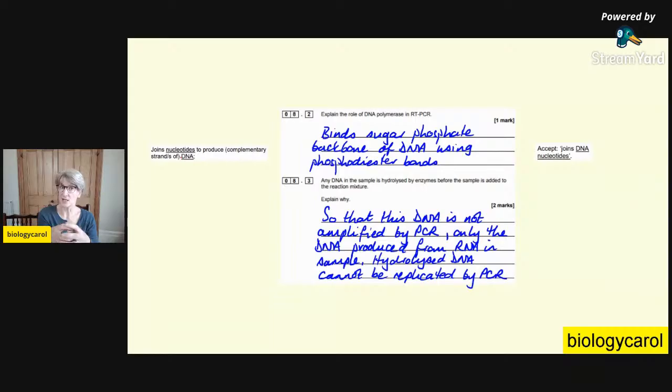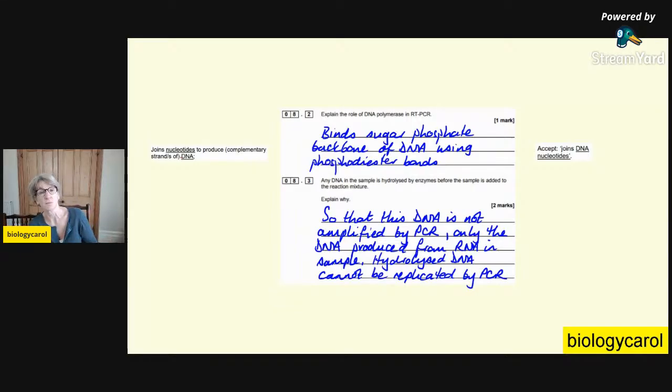What this is trying to do is turn the RNA into DNA and then PCR the DNA. So you certainly don't want any spare DNA in your sample, so that this DNA is not amplified by PCR, only the DNA produced from RNA in the sample.